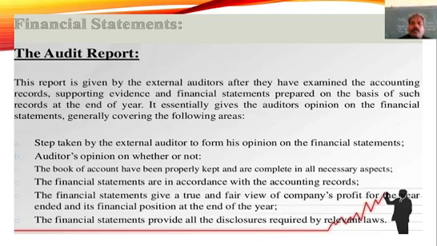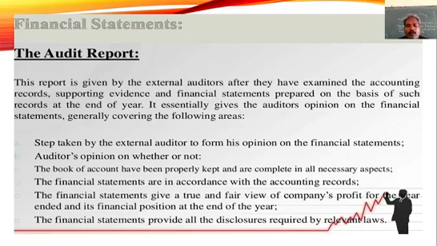So, based on the financial statements prepared by the company, he should examine them with proper supporting evidence like bills, invoices, and others. Okay, generally it covers the steps taken by the external auditor to form his opinion on the financial statements. The auditor's opinion on whether or not is the most important.